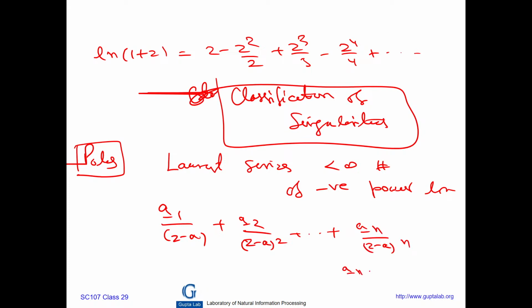Of course, largest one non-zero होना चाहिए, right? Otherwise there will be issue, right? So in that case, z is equal to a is a pole of order n. अगर a minus n 0 है तो या उसके पहले वाला है, मान लो ये नॉन जीरो है बाकी सारे जीरो हैं, so there will be a pole of order 2, right? तो ये नॉन जीरो होगा तभी तो ये टर्म होगा, अदरवाइज ये टर्म ही नहीं होगा, right? So if there is a finite number of negative terms, then there is a pole of order n.